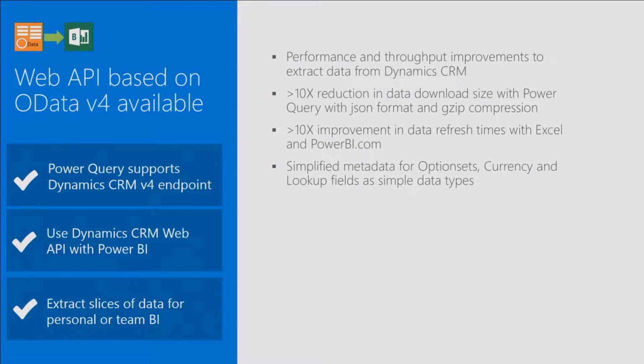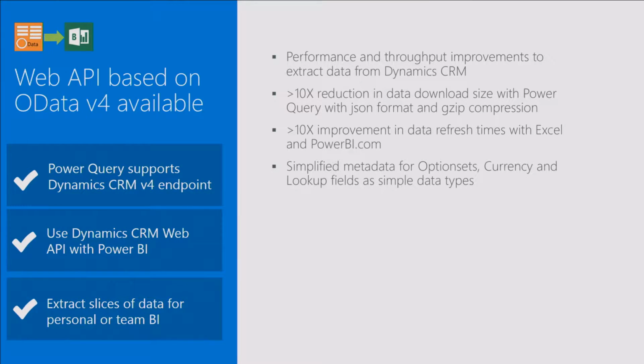Part of that is resulting from the OData API improvements. Part of that results from the improvements in the data refresh time. Part of that results from the size of data that we bring over. So we now have JSON format for the data that is shipped from CRM to Power BI, and we compress it along the way.